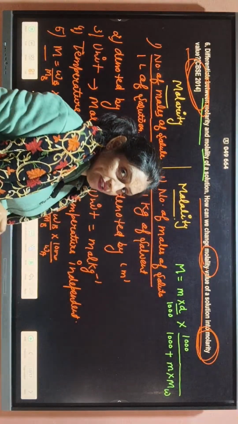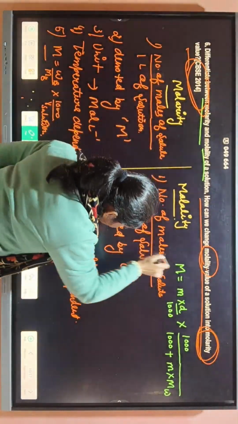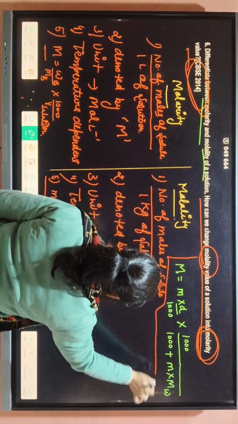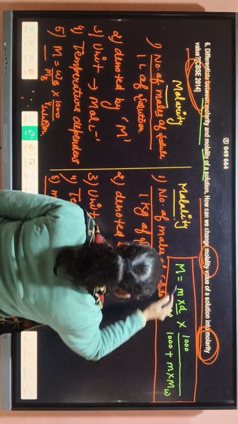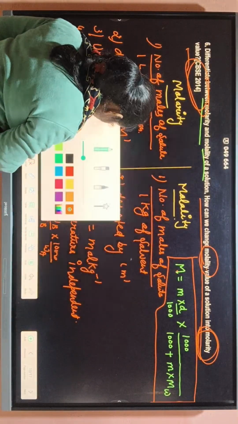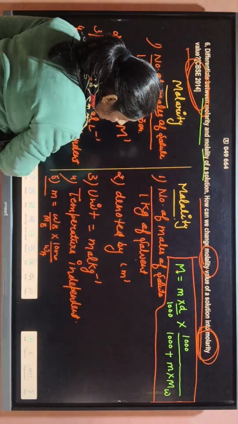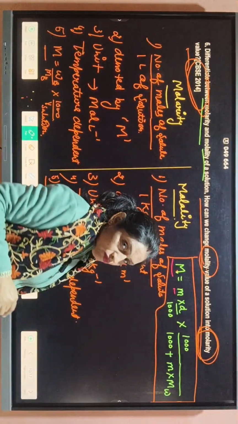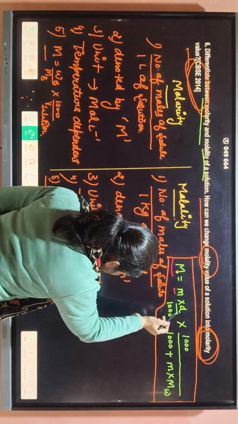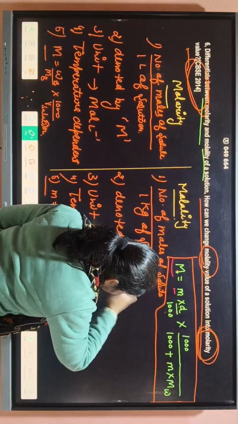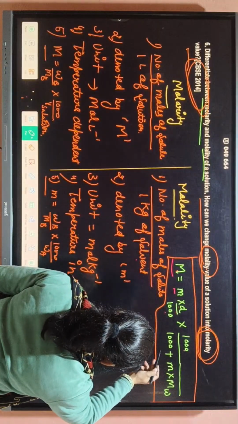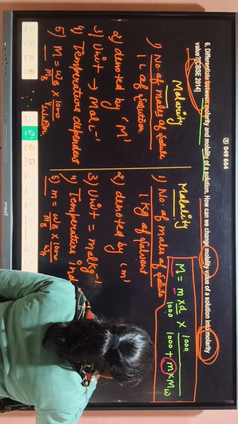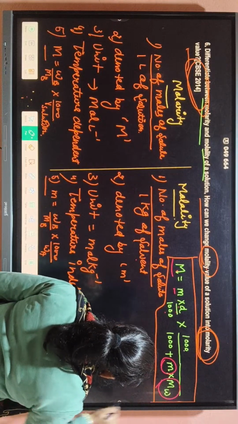If you know the density, then use this formula: here capital M is the molarity, small m is the molality, M equals m into density of the solution into 1000 by 1000 plus m into Mb, where Mb is the molar mass.